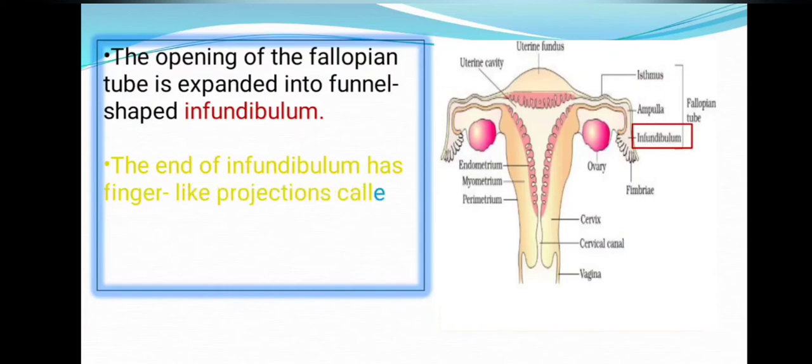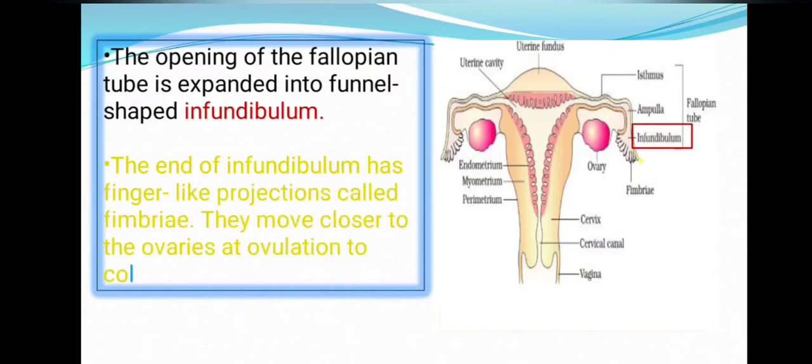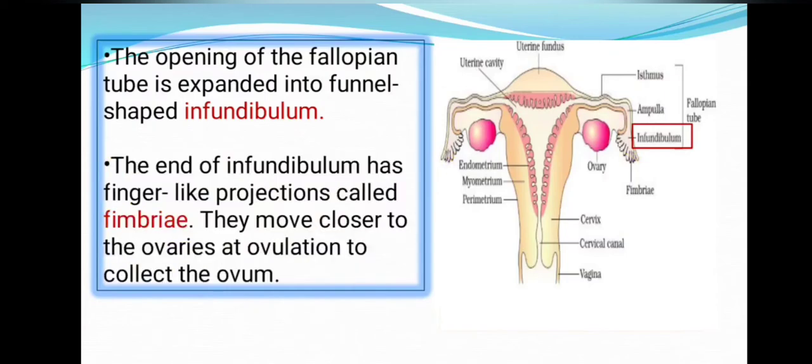The ends of the infundibulum have finger-like projections called fimbriae, which move closer to the ovary at ovulation to collect the ovum. So during ovulation, these fimbriae move towards the ovary to collect the egg from the ovary.